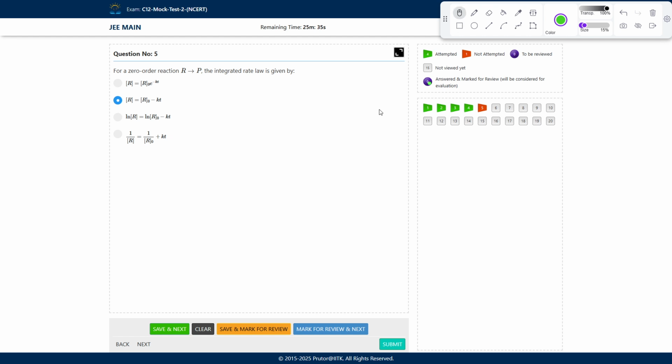So this is going to be the correct representation of the integrated rate law for a zero order reaction. Let's move to our next question.